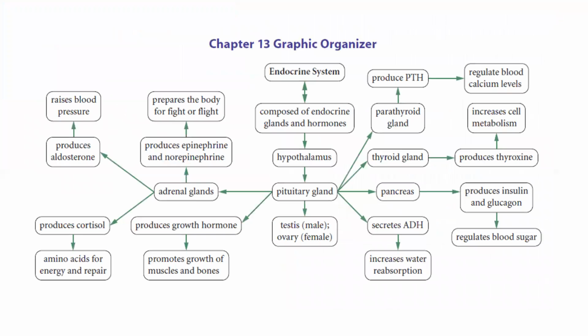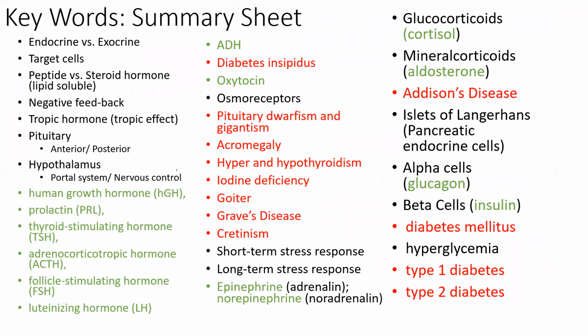Okay, here is a graphic organizer. Spend a bit of time going through that. And I put a keyword summary because there's so much here. Some key concepts that you need to know in terms. And then here are some hormones in green.